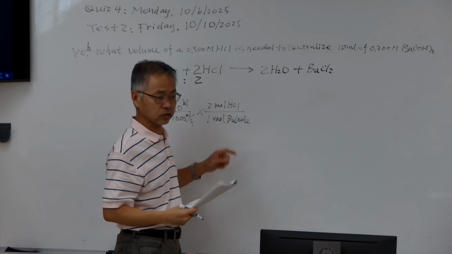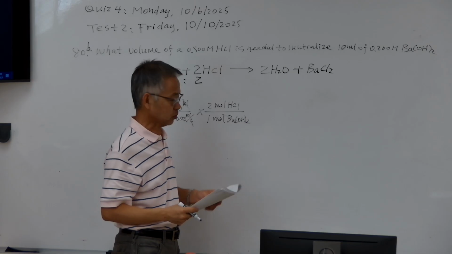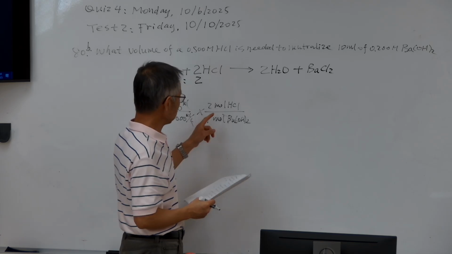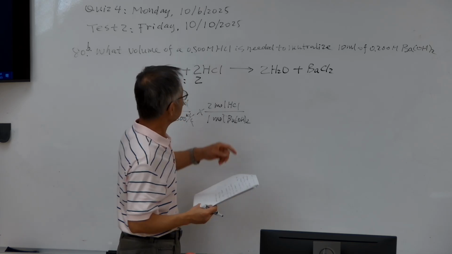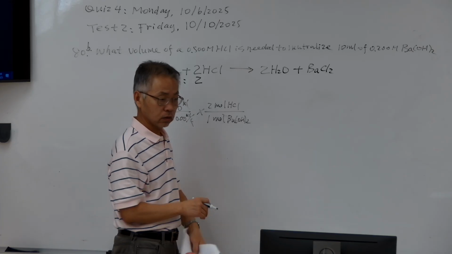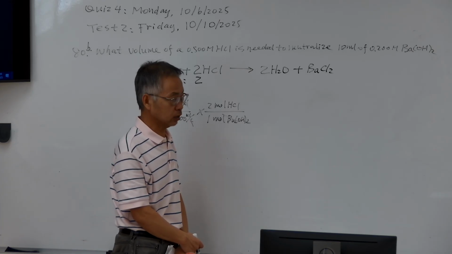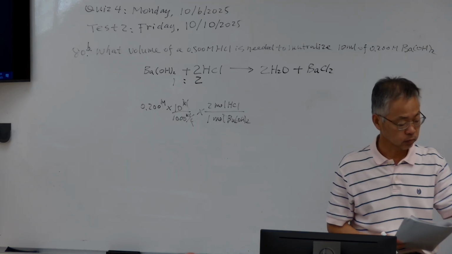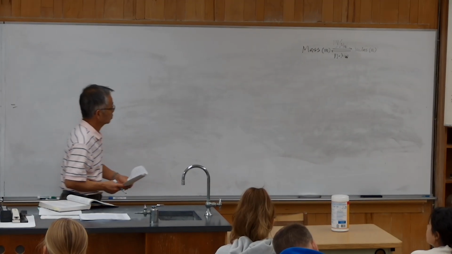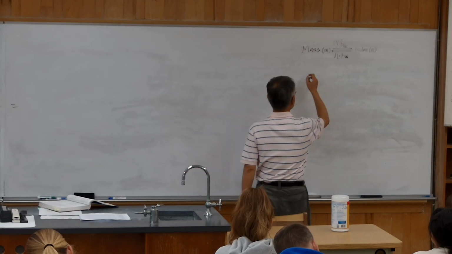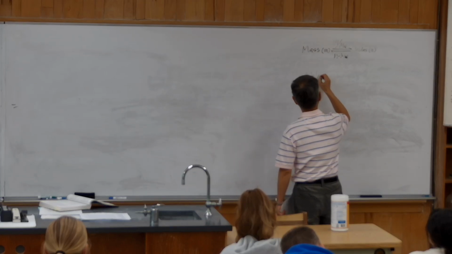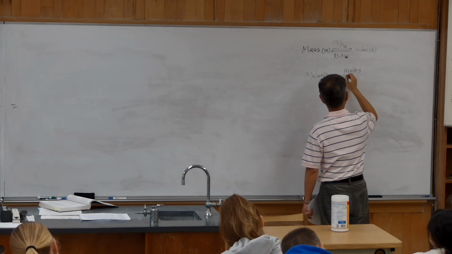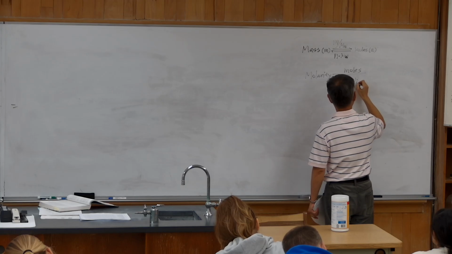Becomes moles of hydroxide, not hydroxide, hydrogen, hydrochloric acid, sorry. Becomes moles of hydrochloric acid, and here also you want volume. From moles, how can you calculate the volume? Molarity equals to moles divided by volume in liter, right?